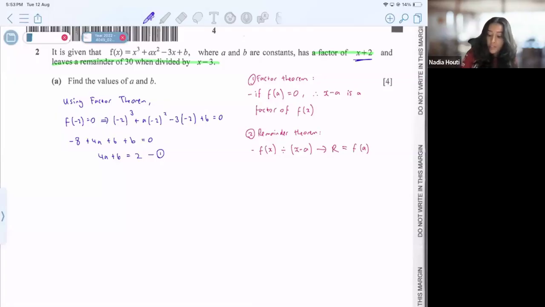Secondly, let's use the remainder theorem. Because here your remainder is 30, you know that f(a) will be 30. So what is a here? The a is 3.